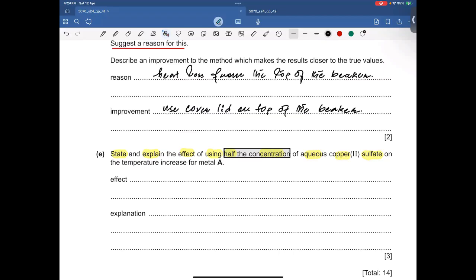If the amount of copper ions is halved, then obviously the temperature change would decrease. I mean to say the temperature change or increase in temperature decreases.